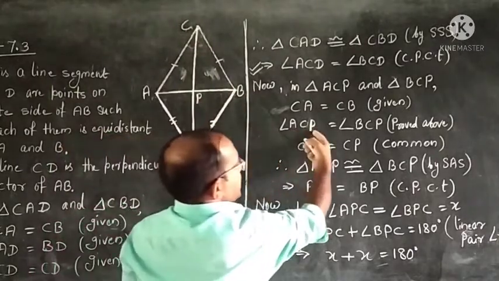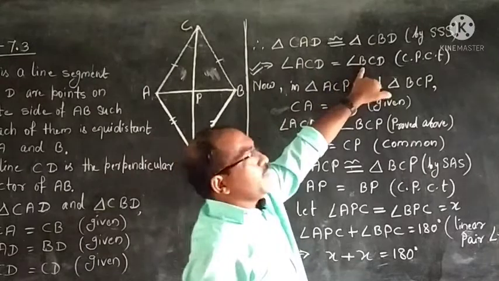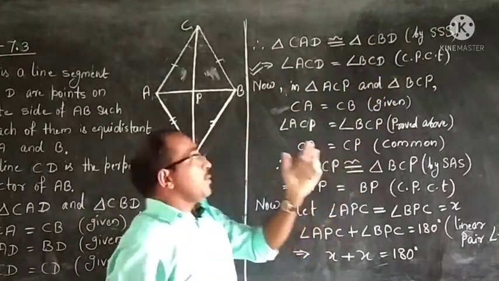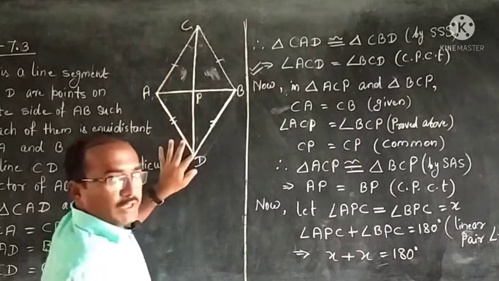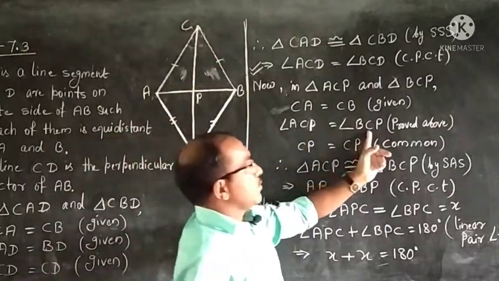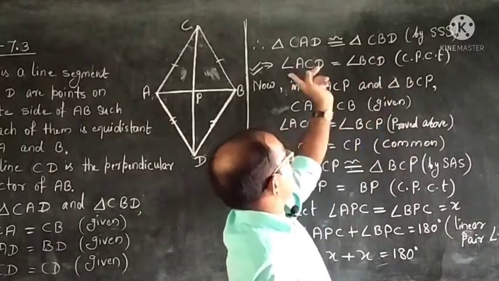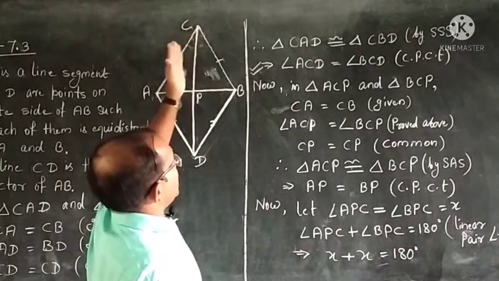Remember, these two are the same angle. So, angle ACP is equal to angle BCP, proved above. And CP is common in both triangles.